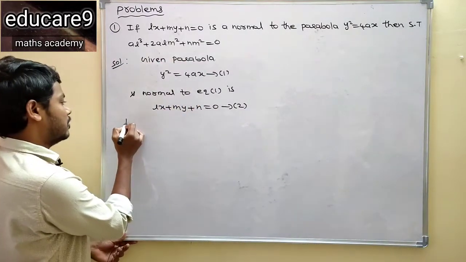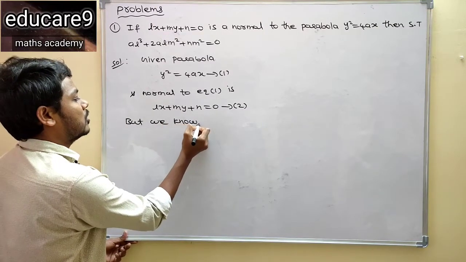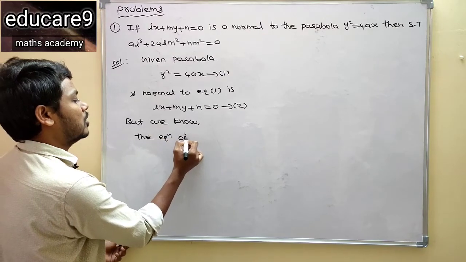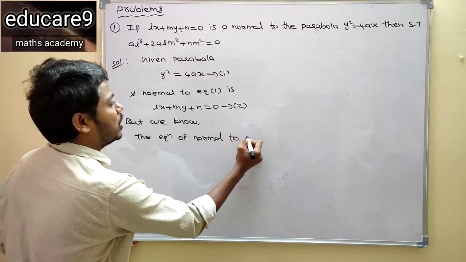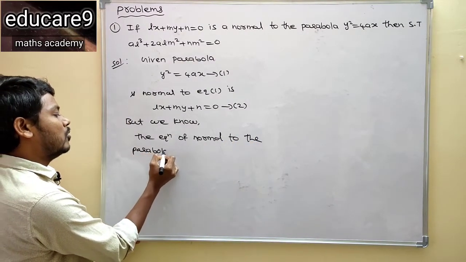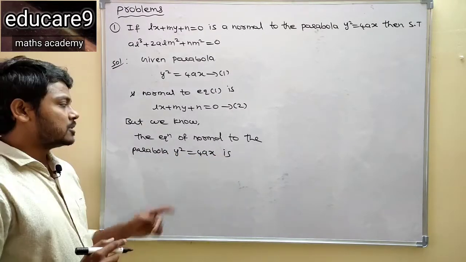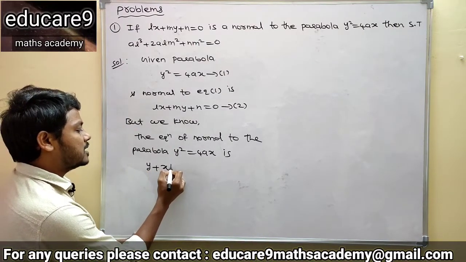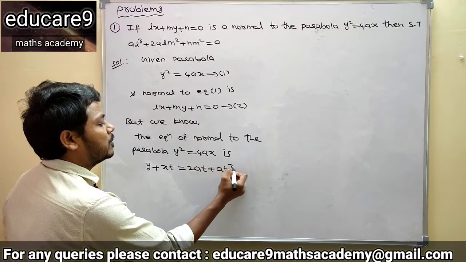So clearly, the equation of the normal to the parabola y square is equal to 4ax is y plus xt is equals to 2at plus atq.